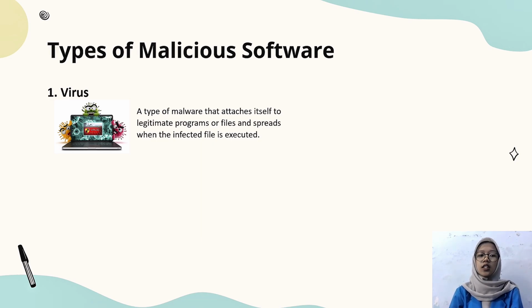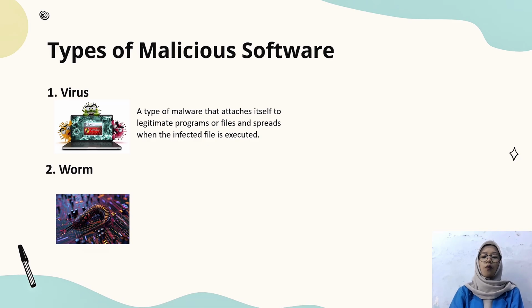A virus does not suddenly enter the computer, but usually there is a reason why it can enter. And the second is a worm. A worm can also enter the computer for a reason. I will explain that after this.